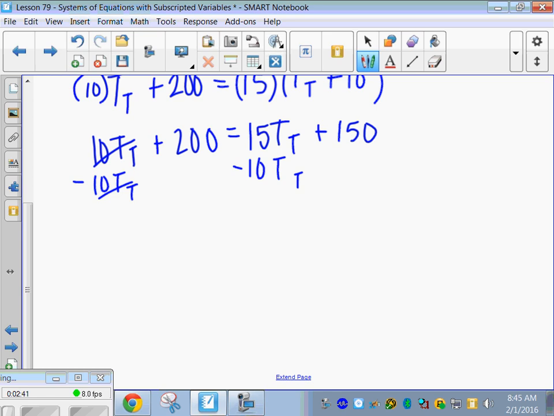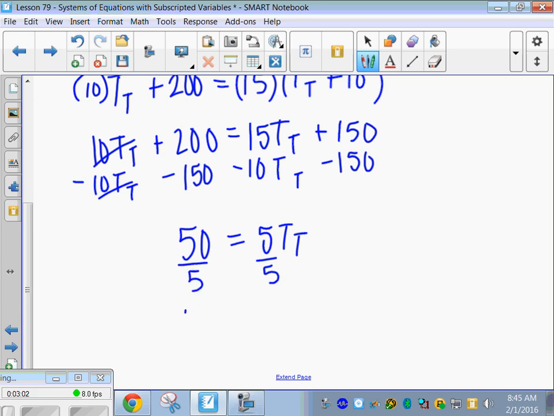And at the same time, I'm going to subtract the 150 from both sides. So now I have 50 over here and 5 TT over here. Divide both sides by 5. And we get 10 for TT.